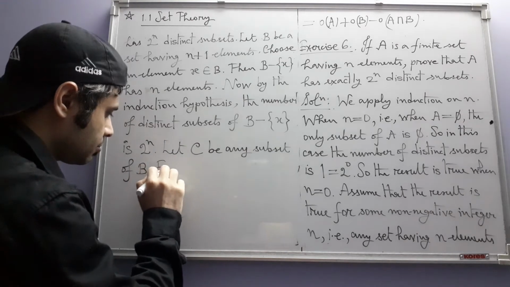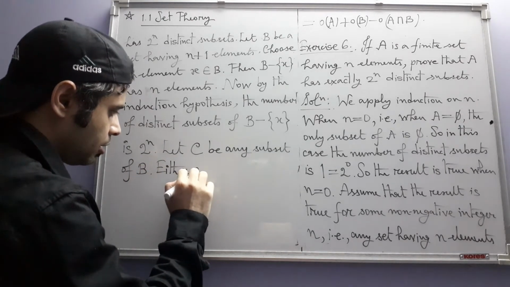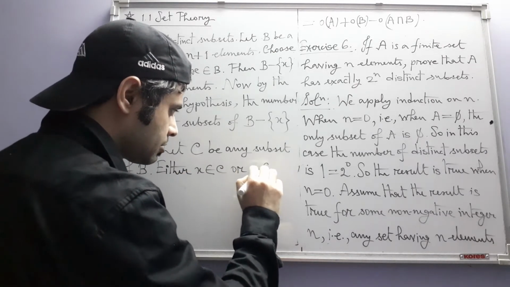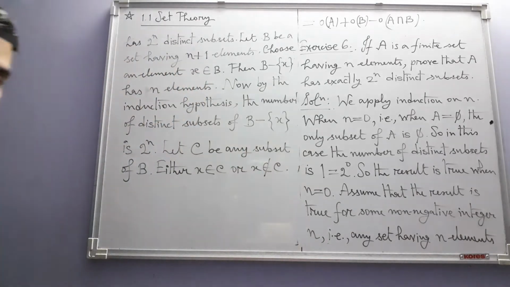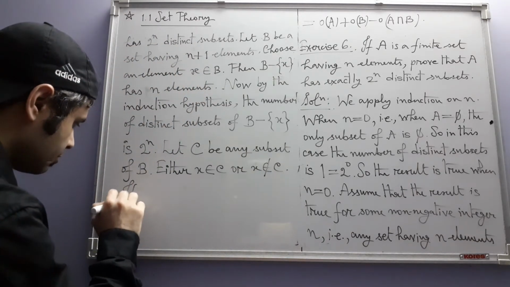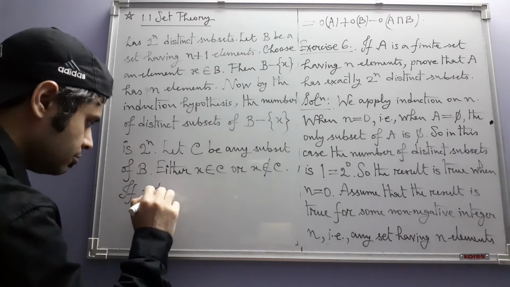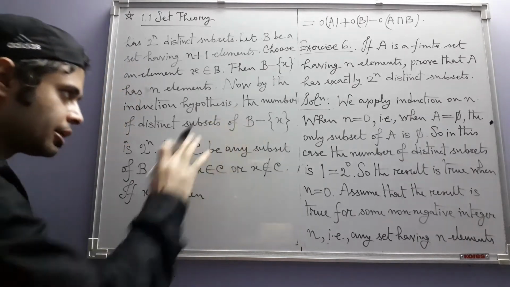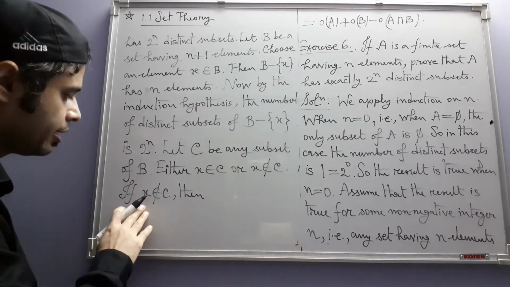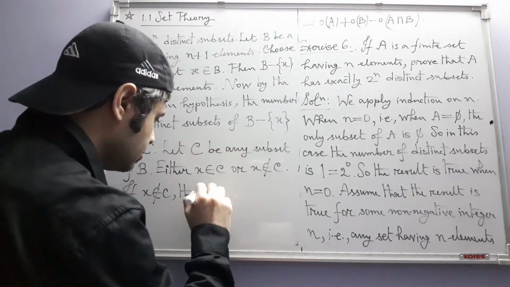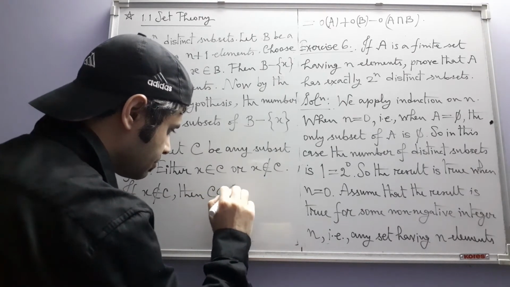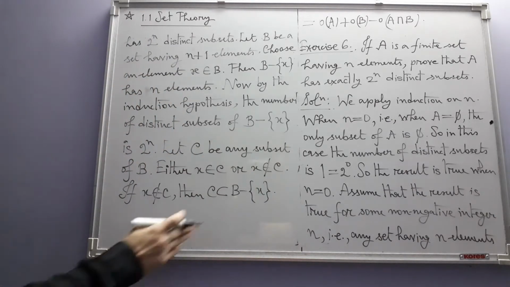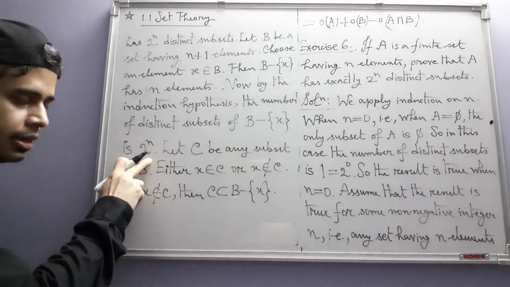Either x belongs to C or x does not belong to C. If x does not belong to C, then since C is already a subset of B, and additionally x is also not in C, then C is a subset of B minus x, and the number of such subsets is 2 to the power n.